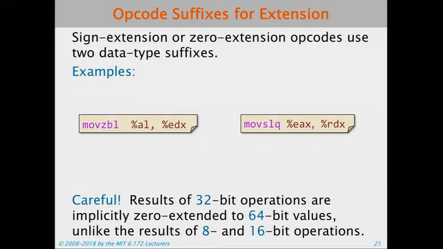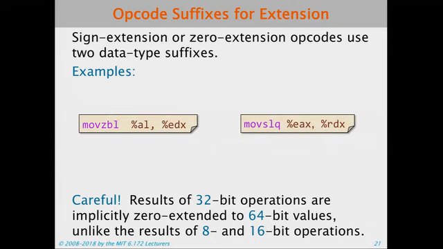So sign extension uses two data type suffixes. Here's an example. The first one says we're going to move, and now you see I can't read this without my cheat sheet. So what is this saying? This is saying we're going to move with a zero extend, and the first operand is a byte and the second operand is a long.